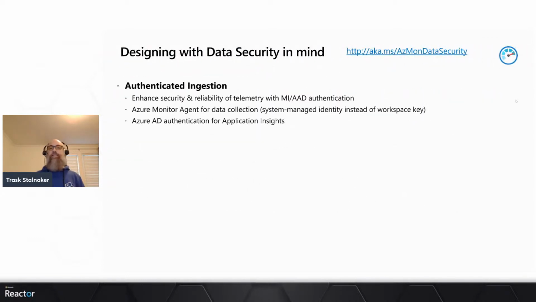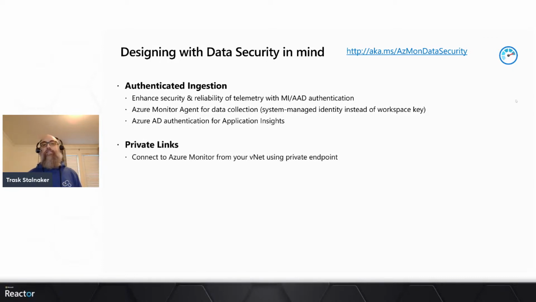Data security is, of course, a huge issue, and depending on your organizational requirements, there are a lot of data security features that you can take advantage of, from authenticated ingestion, which is an additional layer of authentication on top of your telemetry ingestion.